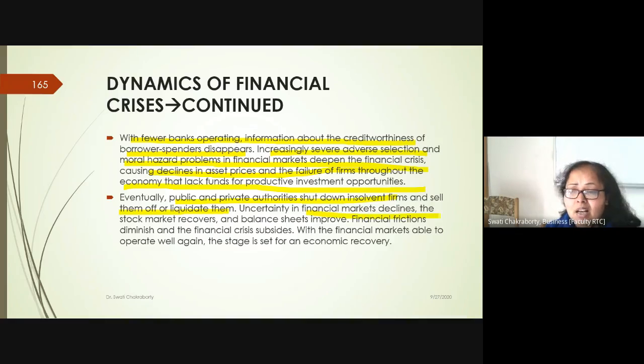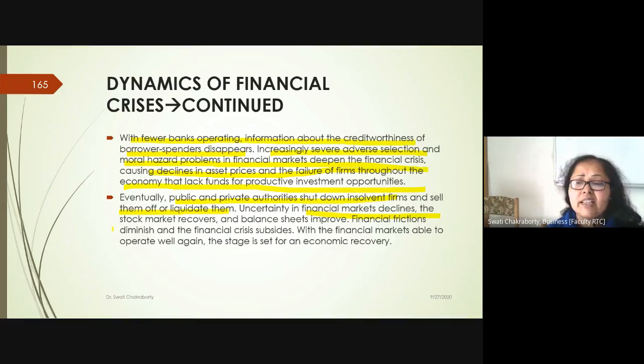Uncertainty in the financial market then starts declining, right? After the bank crisis, with few banks there, unable to assess the creditworthiness of borrowers, adverse selection and moral hazard problems happen, and some of these firms go into risky business and fail to repay the loans, right?